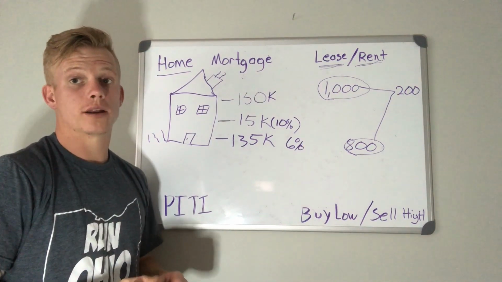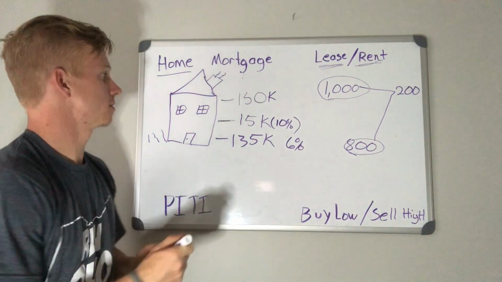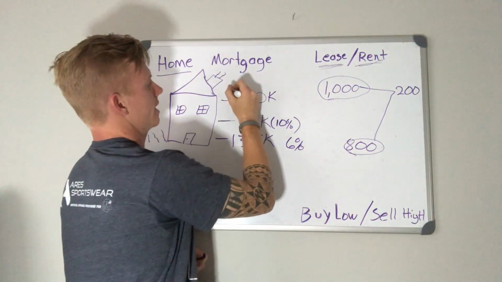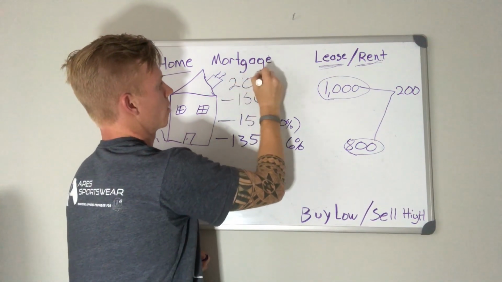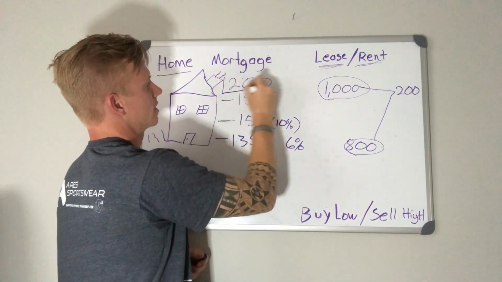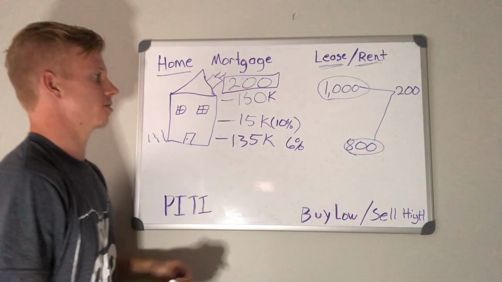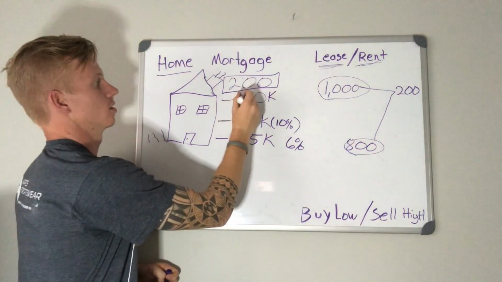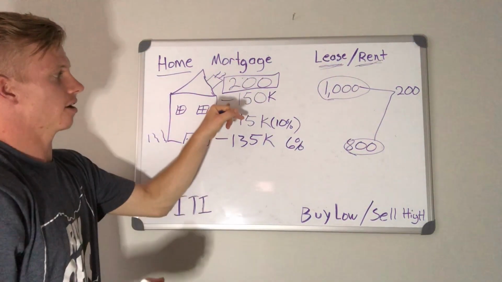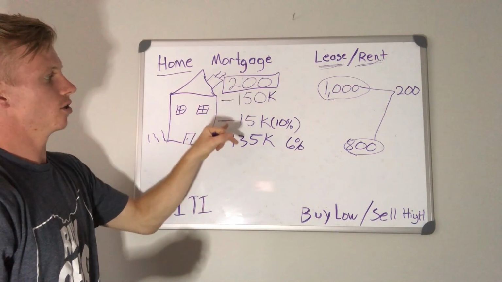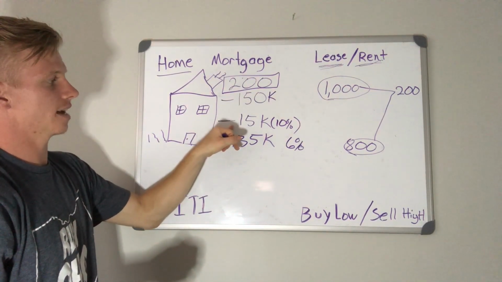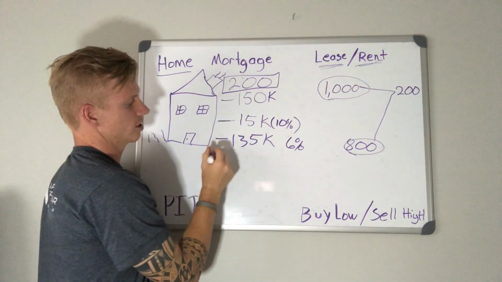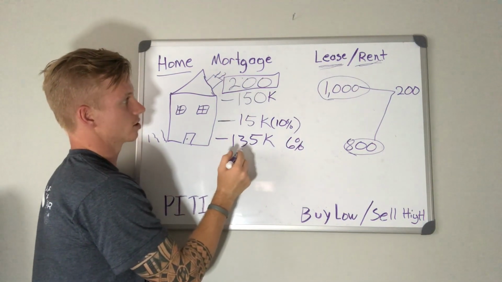The property you bought, I'm going to throw you a curveball. Let's just say that this house's actual total worth is $200,000. So you bought your house at $150,000, you put $15,000 down, and your mortgage is $135,000.